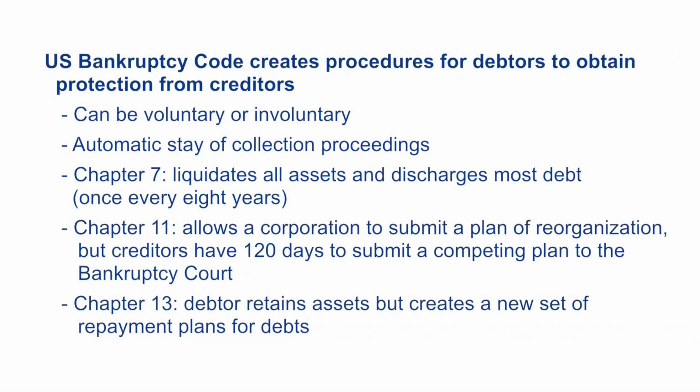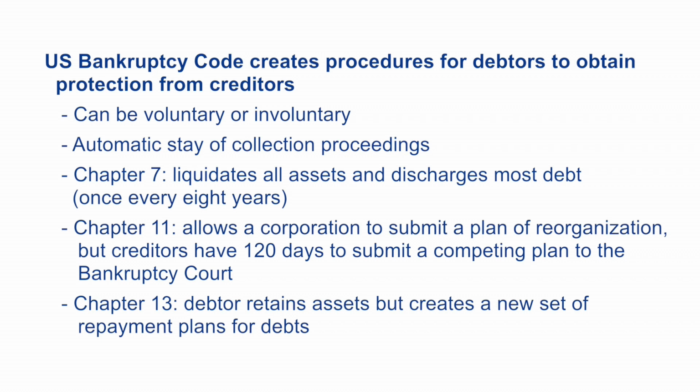Now, let's take a look at bankruptcy law. Federal law under the U.S. Bankruptcy Code governs bankruptcy proceedings, and such proceedings occur in federal bankruptcy court. And you could have a voluntary proceeding, which would be one that's initiated by the debtor, or an involuntary proceeding, which is one initiated by the creditor in order to obtain payment for debts.